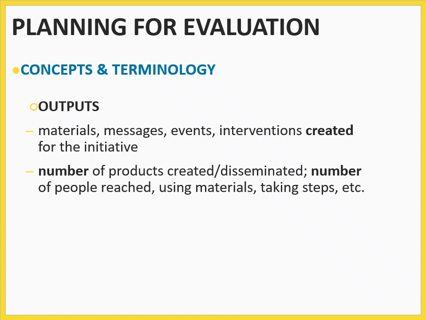Outputs can be thought of as the materials, messages, events, interventions that are created for the initiative, and or the number of products created or disseminated, the number of people reached, the number of people using the materials, taking steps, and so on. So they're kind of the counts.